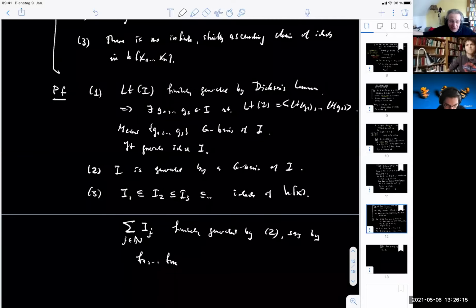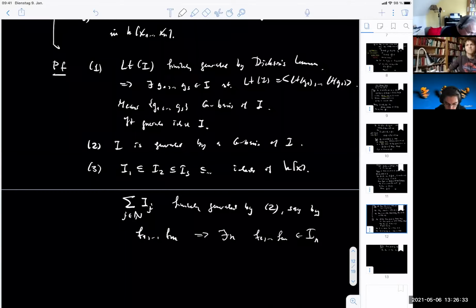But these ideals form a chain. So now it's very easy to see there will be some index n such that all these generators, F1 up to Fm, lie in In.